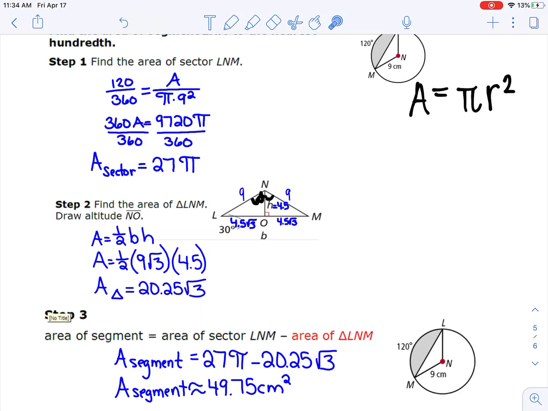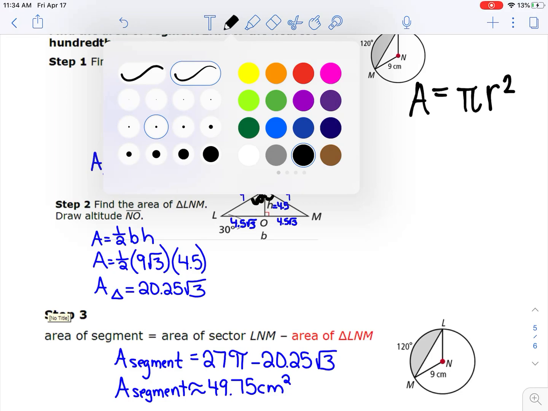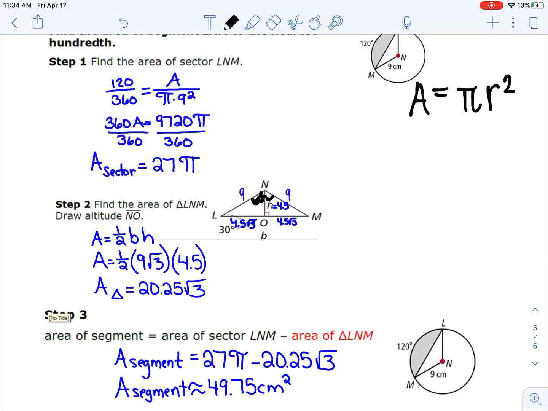We are given that LN and NM are both 9 because that is our radius. And remember, if you put your formula on the triangle, our hypotenuse is equal to 2 times our shortest side.